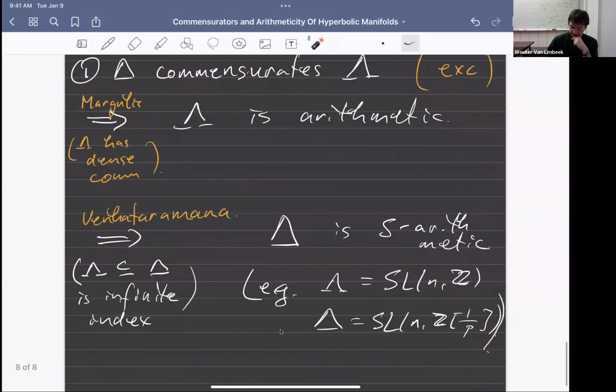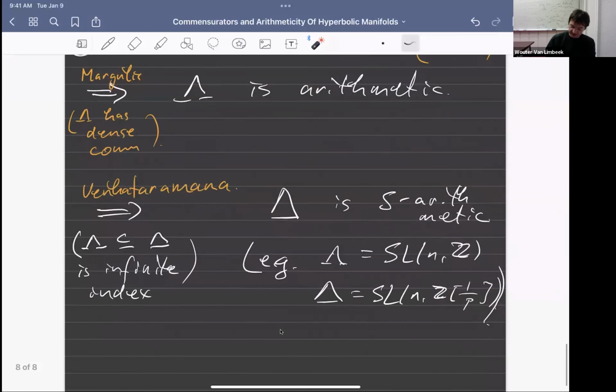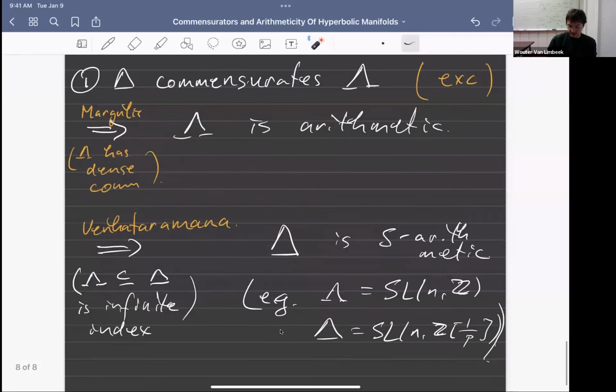But he proved that anything containing an arithmetic lattice is basically that arithmetic lattice with some primes inverted, which is a really wonderful result, especially for us, because we now know what delta is. So that's the first step, that we know what delta is.